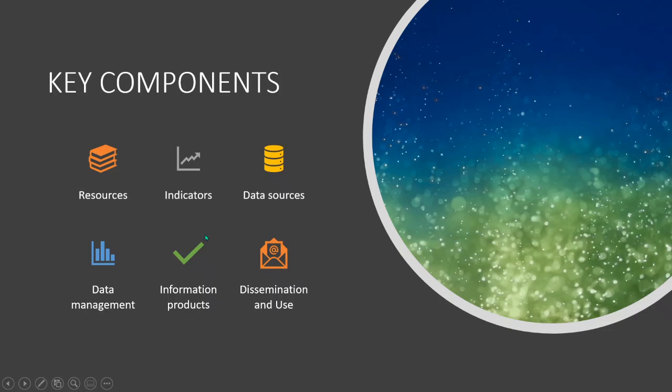Information products, data which can be analyzed and presented as actionable information, come under this. Dissemination and use, the process of making data available to decision makers and facilitating the use of that information, comes under dissemination and use.